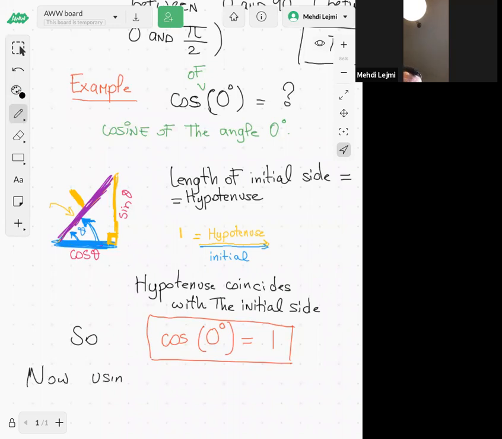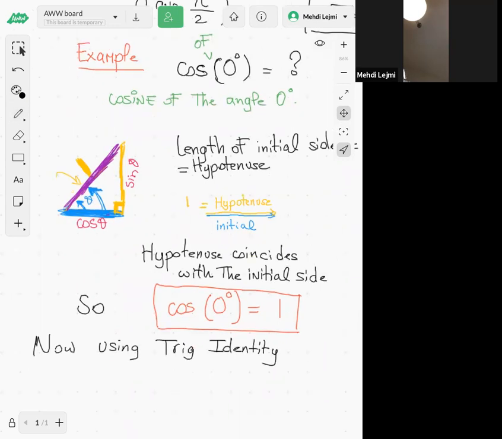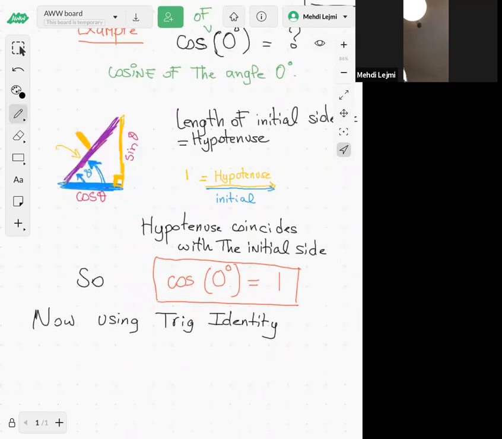So here the angle is 0, so we have cosine of the angle 0 square plus sine of the angle 0 square, and that is supposed to be equal to 1.